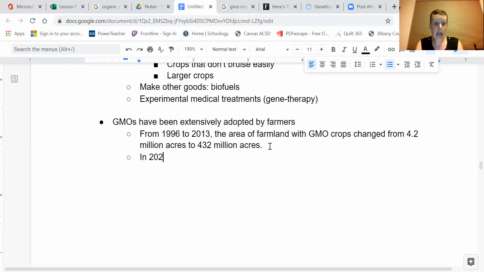In 2010, 10% of the world's cropland was planted with GMO crops.